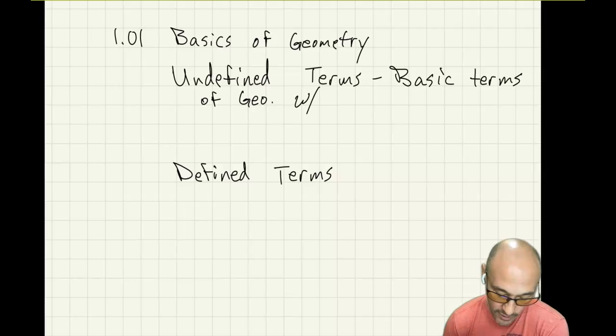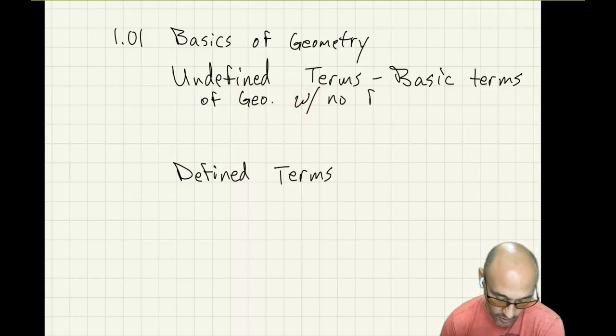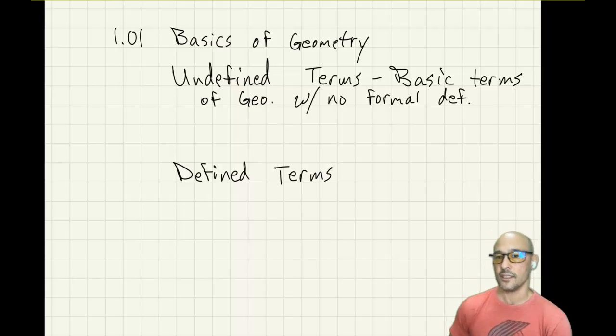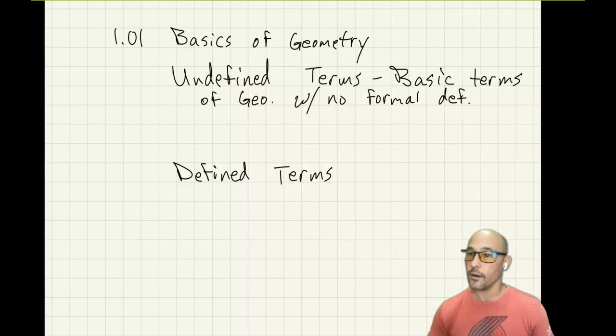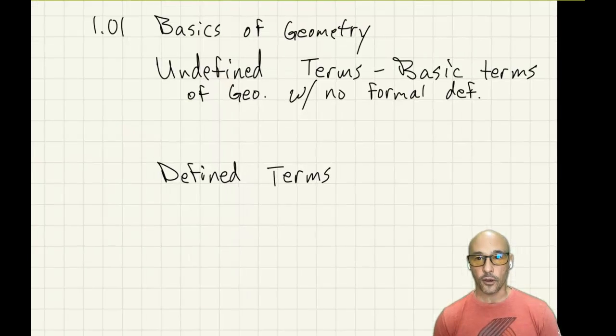When I do my notes, I sometimes use shorthand like this: geo for geometry, and DEF period for definition. You don't have to do that, but if you want to use shortcuts like that in your notes, I think it's a pretty good idea.